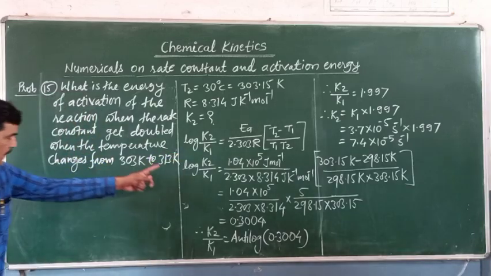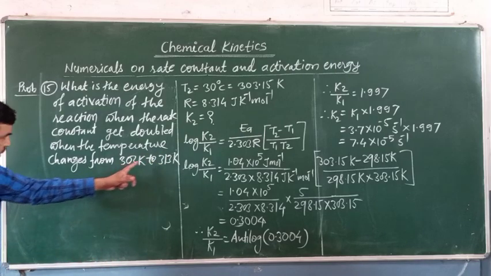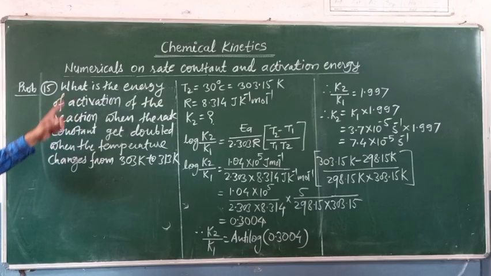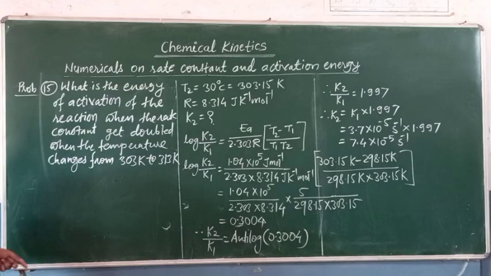Here there is an increase in temperature from 303 Kelvin to 313 Kelvin, and when this increase in temperature occurs, what will be the value of activation energy within this temperature range? That we have to find out.